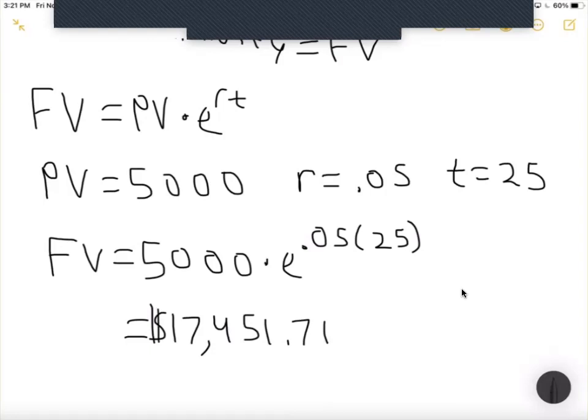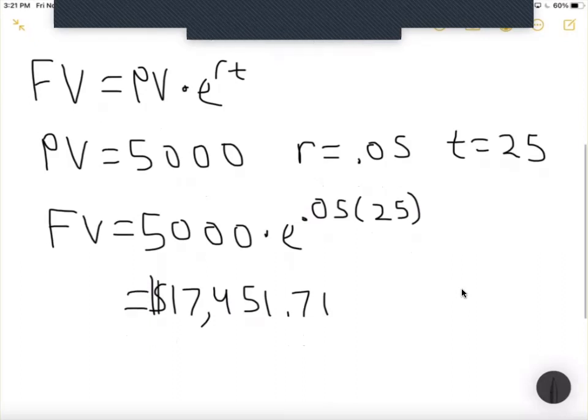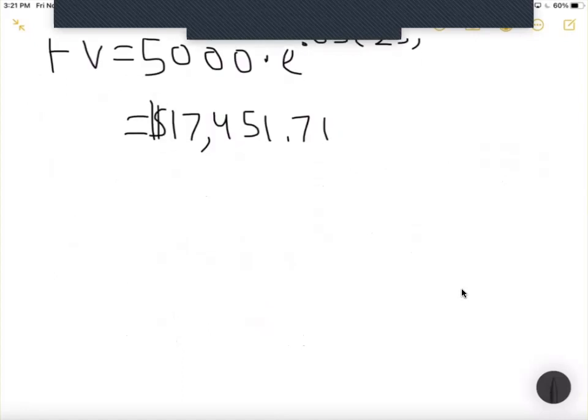Now, typically, if you're trying to save money, you're not going to just invest a certain amount of money at the very beginning and let that money sit, and not add to it, not take away from it or anything like that. So the new idea that we're going to be talking about today is called an income stream.